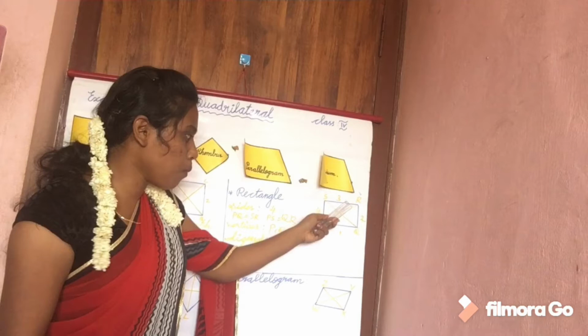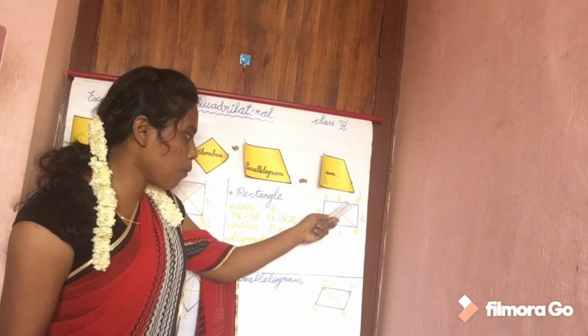Okay, children. Next, vertices. How many letters are there? Four letters. So how many vertices are there? Four vertices. P is one vertex, and Q, R and S. So how many vertices are there in a rectangle? Four vertices. Then diagonals. Here also we have two diagonals.